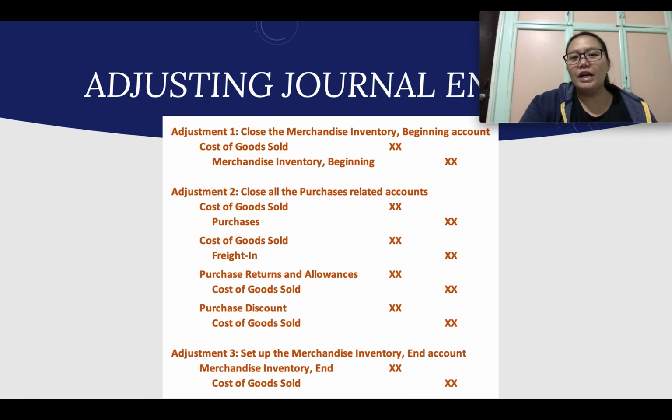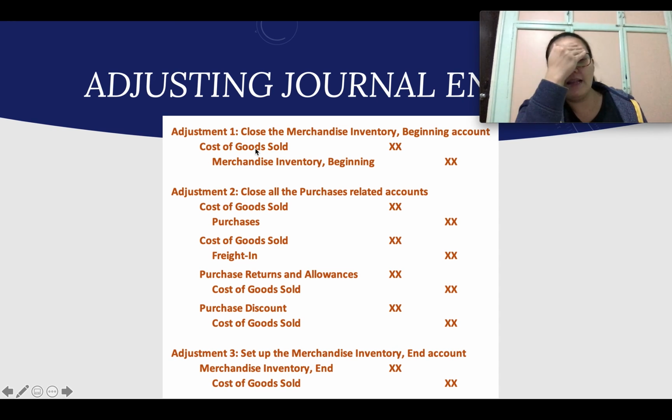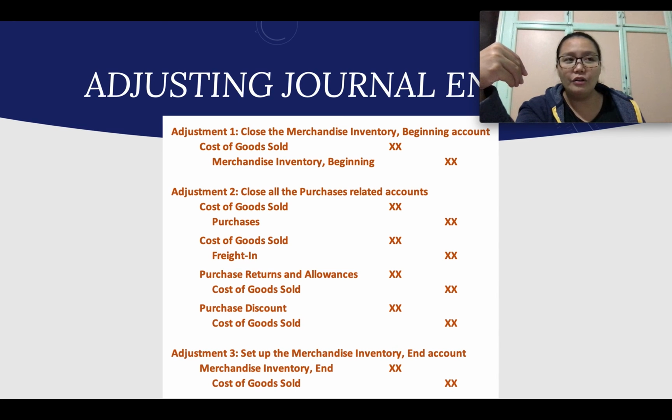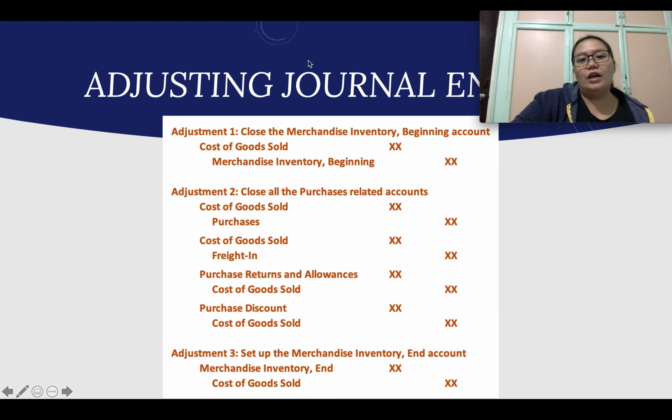So if you are asked to close the merchandise inventory beginning account, the normal balance of the merchandise inventory beginning is a debit balance. So if you need to close, you need to credit the merchandise inventory beginning account and then debit the cost of goods sold account. So the first adjustment is to debit cost of goods sold and credit merchandise inventory beginning.